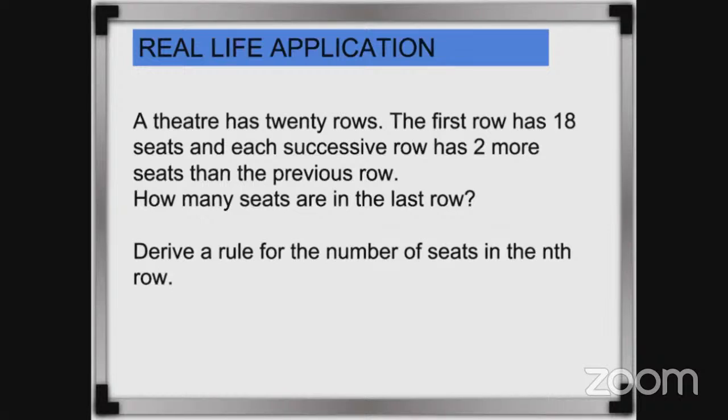How would you help someone figure out how many seats are in the last row? We're talking about the 20th row here. Derive a rule for the number of seats in the nth row.